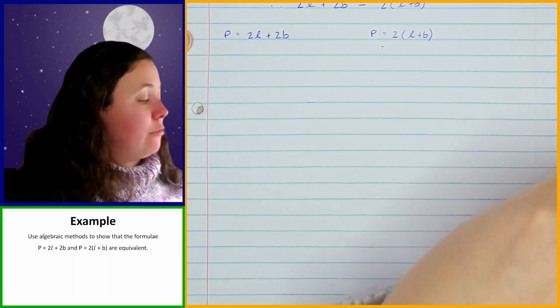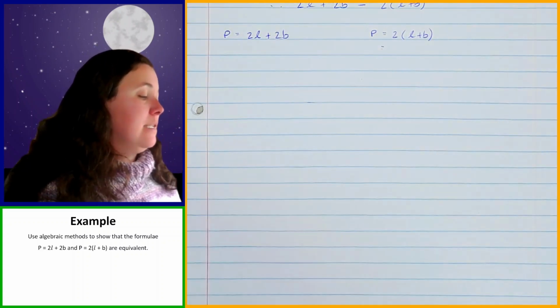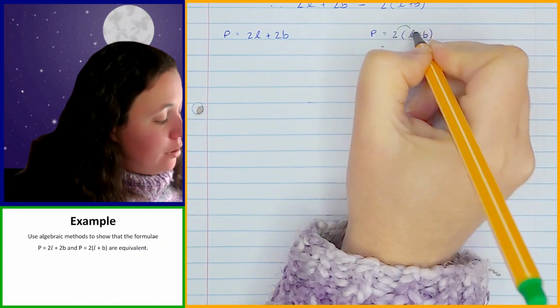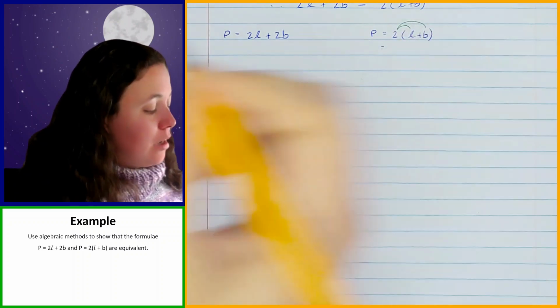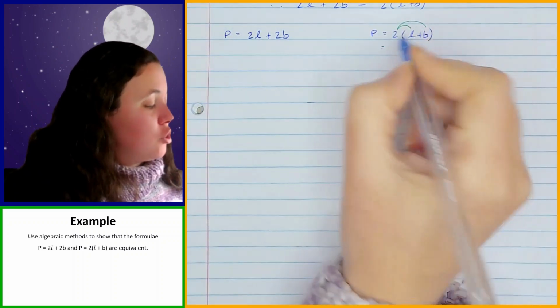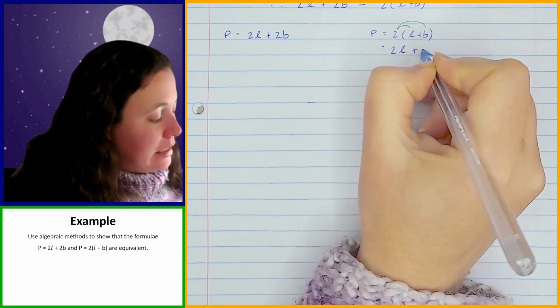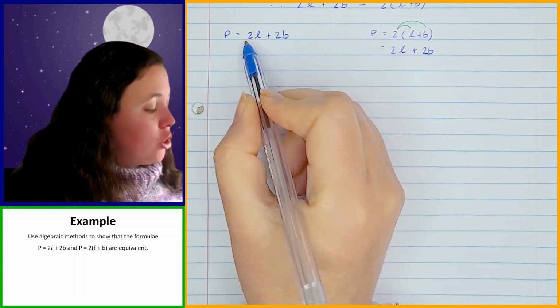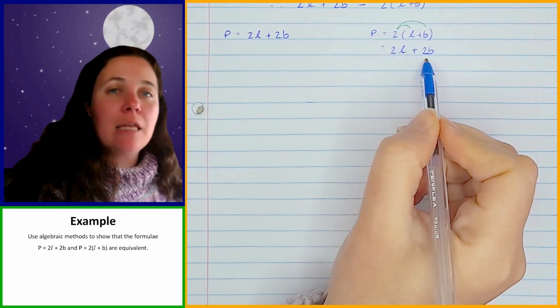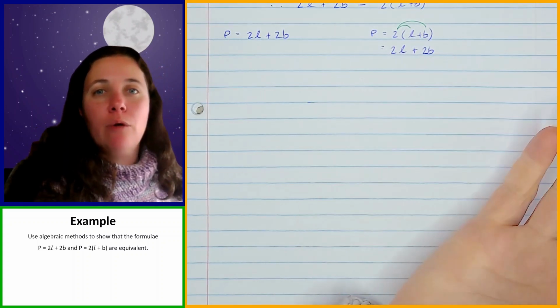I can multiply in. Remember, we've learned how to multiply into brackets, where we multiply the 2 by that and multiply the 2 by that, and then we get over here 2 times L is 2L plus 2 times B is 2B. Now because both of these end up looking the same, that means that they're equivalent to each other.